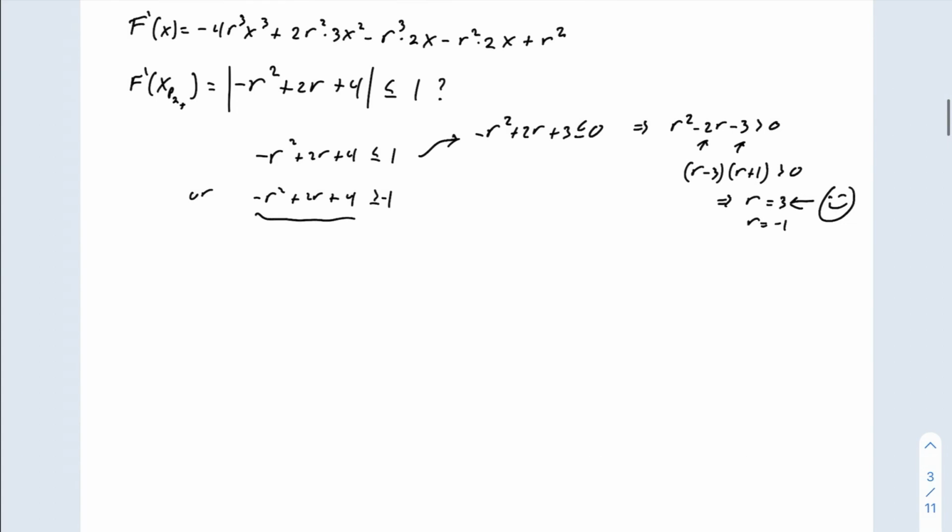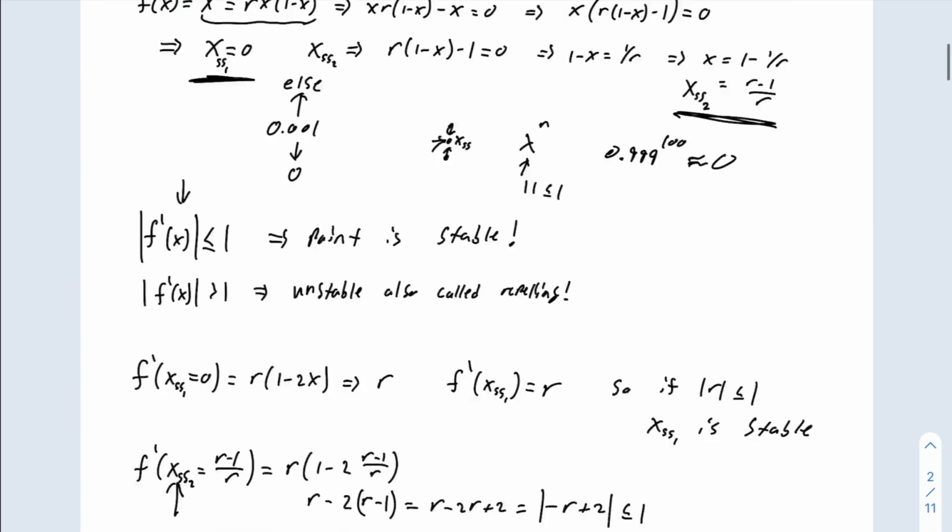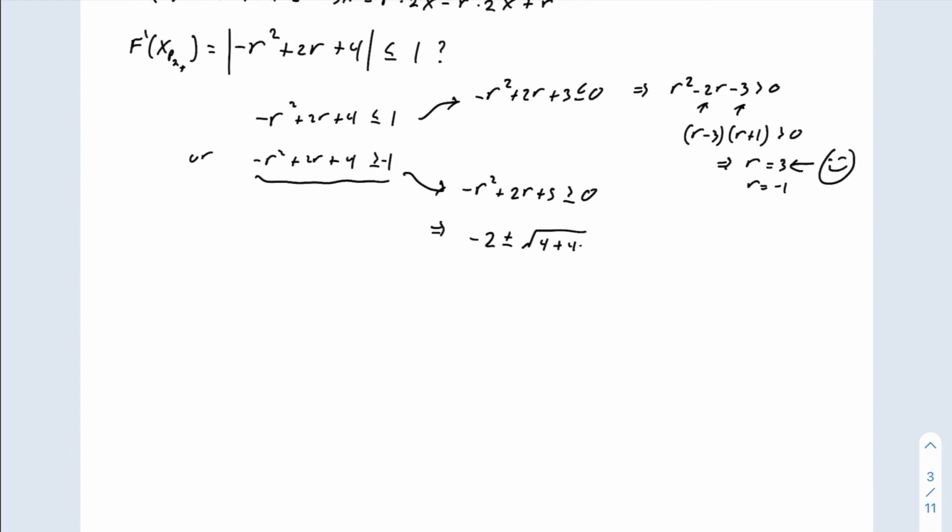Now this will be to find where our period 2 orbit becomes unstable. Again, this is negative r squared plus 2r plus 5 greater than or equal to 0. I could directly use the quadratic equation: negative b plus or minus the square root of b squared plus 4 times a times c, so 4 times negative 1 times 5, which is 20, all over 2a, which is negative 2.